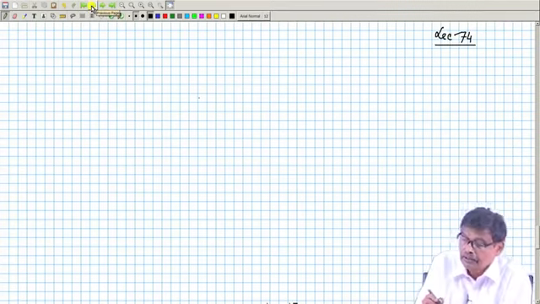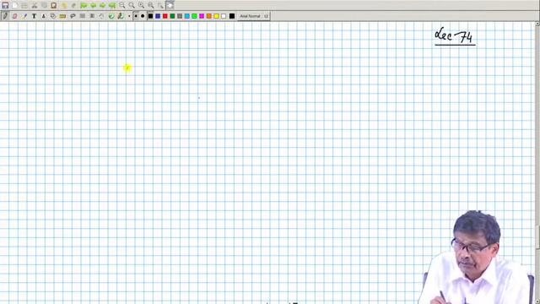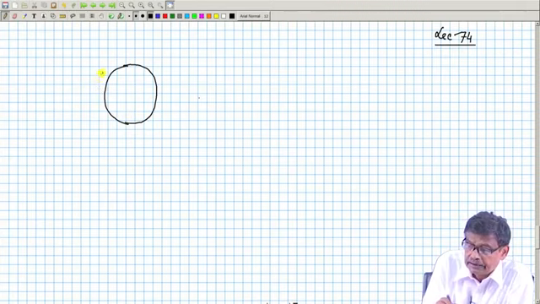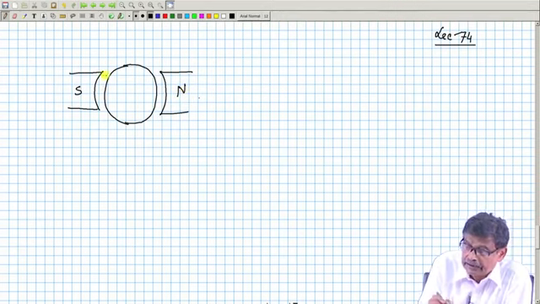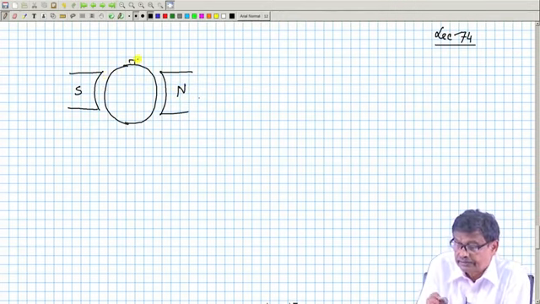Lecture 74. For example, if you have a DC machine like this, and let it operate as a generator, with south pole and this north pole. The yoke I am not showing, it is there, and here the brush axis is there.